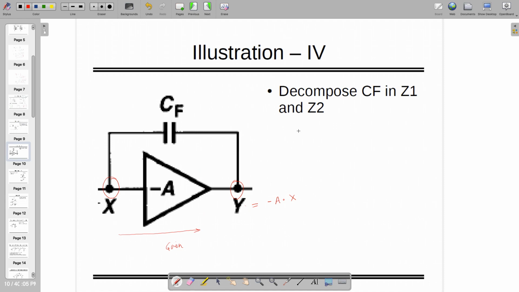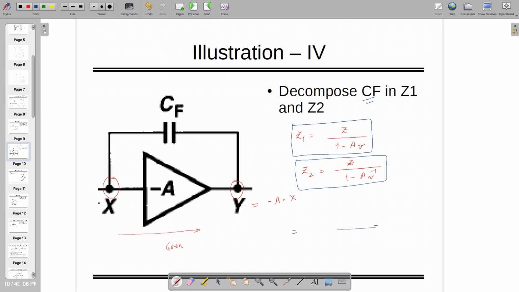In that case, Z1 is equal to Z divided by 1 minus AV, and Z2 is Z divided by 1 minus AV inverse. These are the two equations which you have derived just now. So keeping those values, you can decompose CF as follows. You need to fill in these values over here, Z1 and Z2.